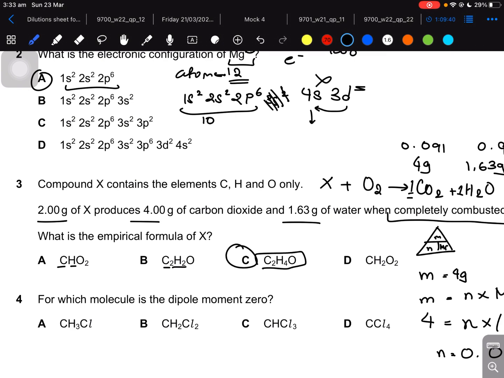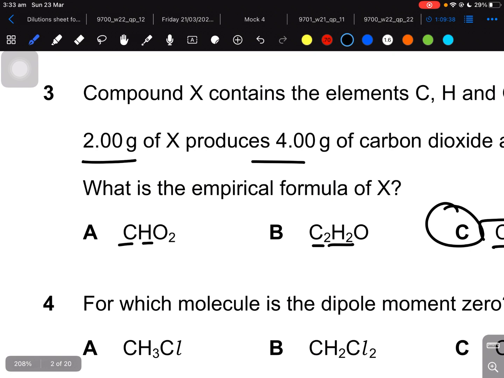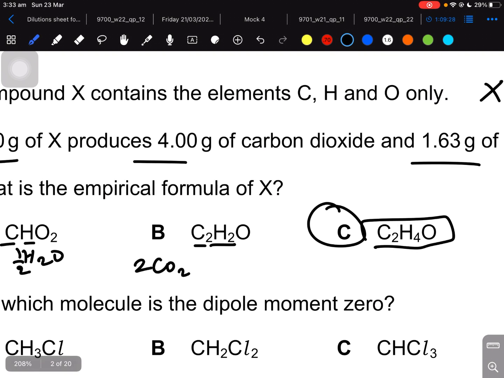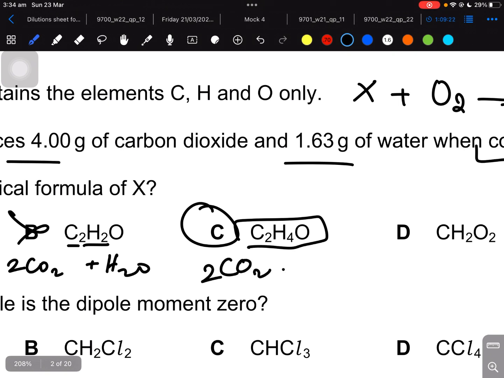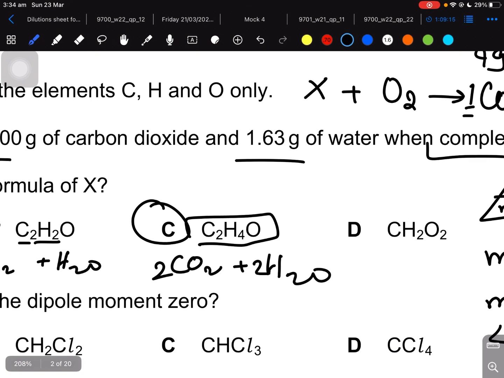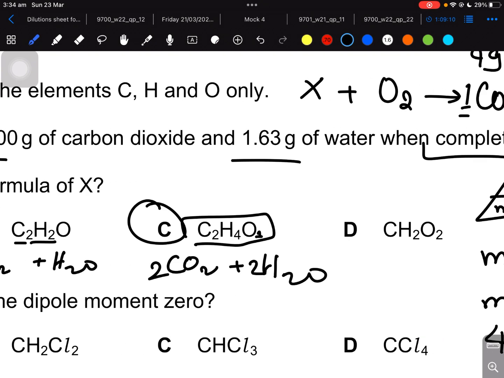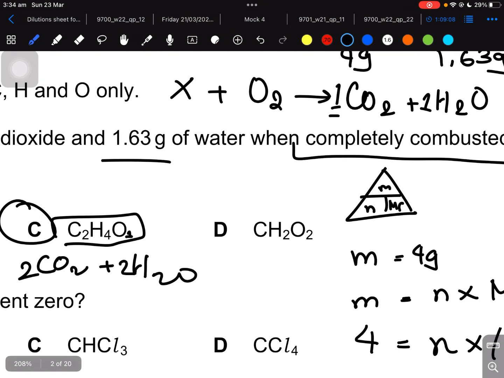It's going to be C. Because if you have CH, H2O, you're going to have a half in front of the H2O. You're going to have CO2, and here CO2, you're going to have a 2 here, and then the H2O is going to be 1, so they're not 1 to 1, so that's wrong. And here you're going to have CO2, and then 2 here, and then the H2O, 2 here also. And you can't really simplify this more because you have an oxygen that's 1, so it's empirical, that checks out, and the ratios check out.